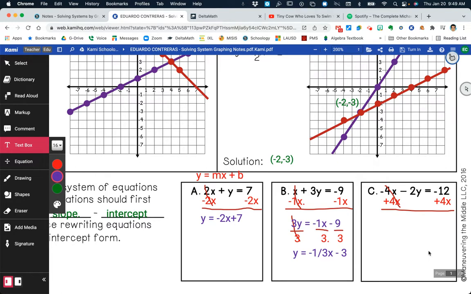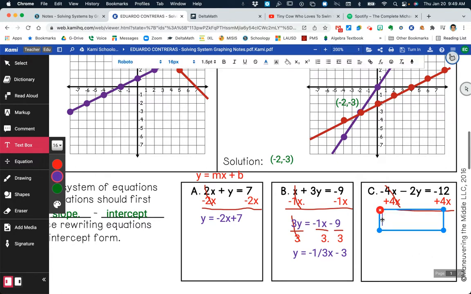Remember, that comes down. We have negative 2y equals 4x minus 12. That's what we got. And now let's divide out the negative 2. So that's our next step.